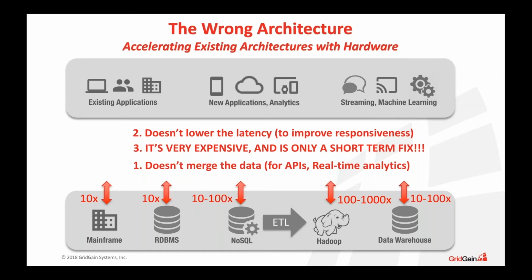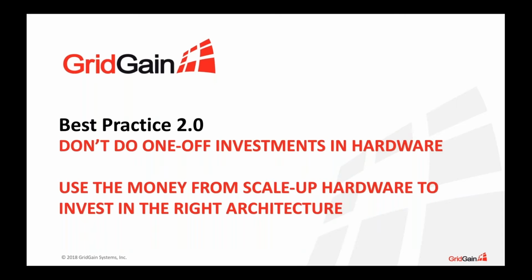And it's only a short-term fix, because the amount of growth here, the 10 to 100x growth, is actually faster than Moore's law. There is only so much speed and scale you can add to a single box, and it's not enough to keep up with the growth. So there's really only one way to do this, and we'll talk about that.